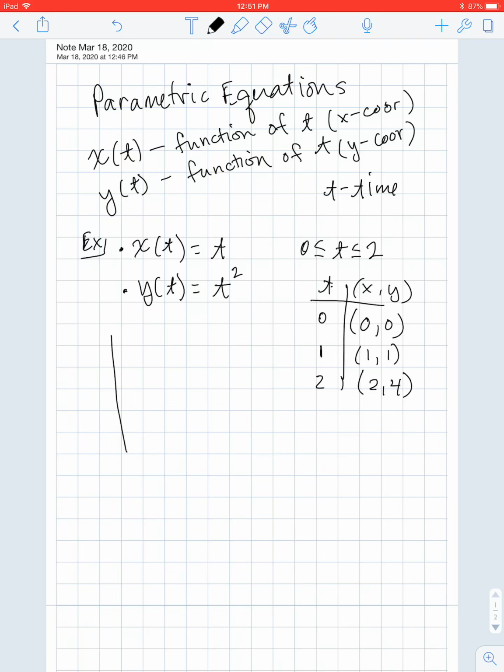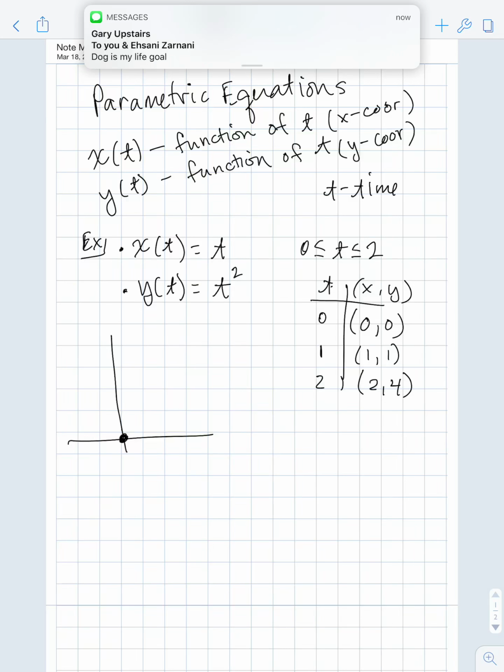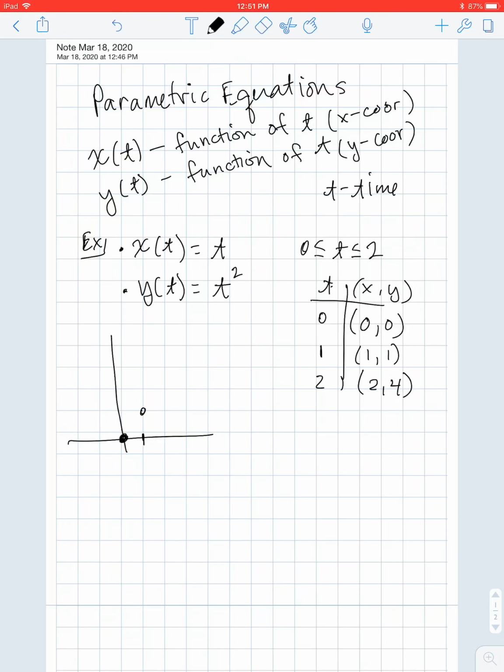Now on a graph, what is actually going on here is, if you're looking at time equals 0, you have the point 0, 0. If you have the time equal to 1, you have a point 1, 1. And if you have a time equal to 2, you have the point 2, 4.